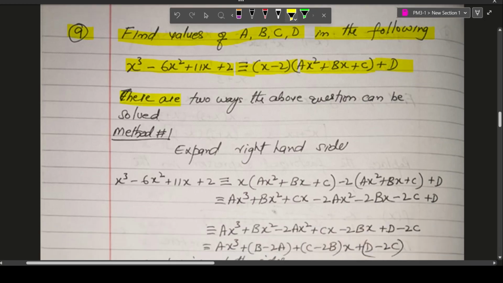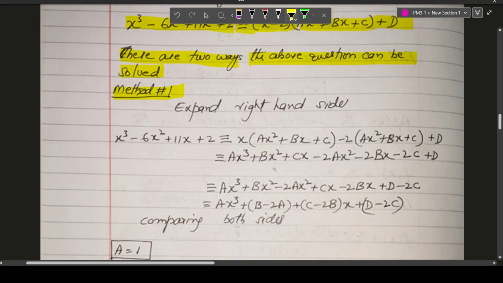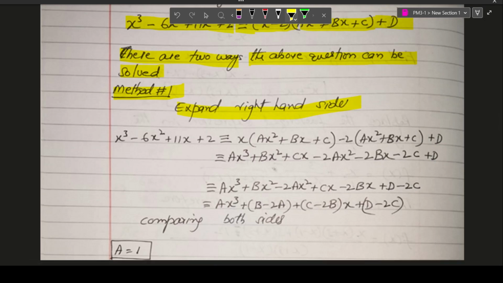There are two ways that the above question can be solved. Method number 1: expand the right hand side. The left hand side will remain the same.